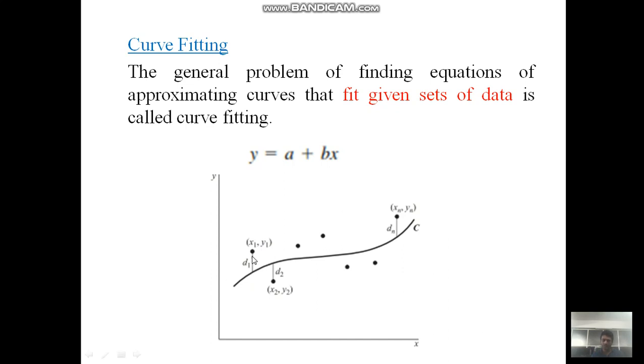D1 represents the error because the point x1, y1 is not on the curve. Similarly, D2 represents the error because the point x2, y2 is not on the curve, and Dn is an error because the point xn, yn, this highlighted dot, is not on the curve.